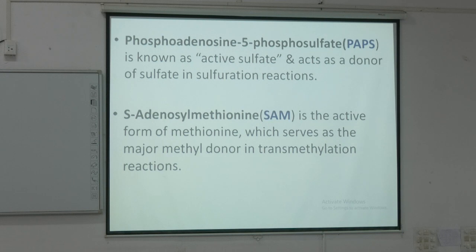SAM is the active form of methionine because methionine is inactive. It must go to the active form, S-adenosyl methionine, and then only it can go for the transmethylation reaction. What is transmethylation? That means transfer of a methyl group.